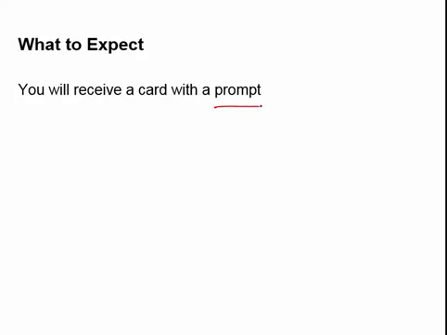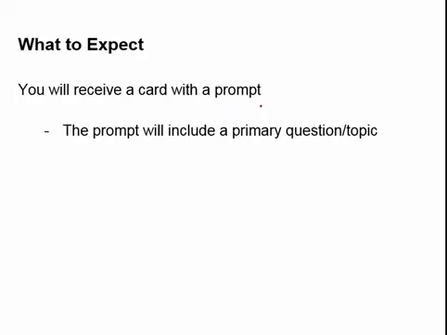Okay, first of all, what to expect. So for part 2, you are going to receive a card with a prompt on it. Your prompt is basically your main question or topic that you need to discuss for your speech.